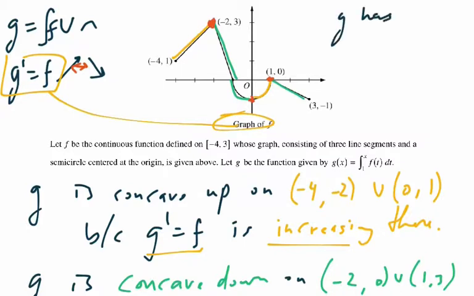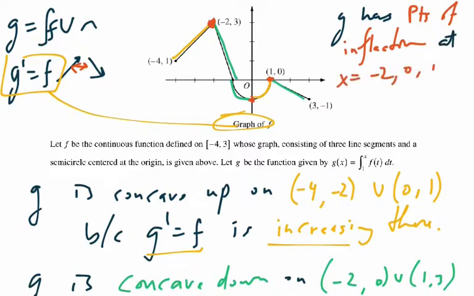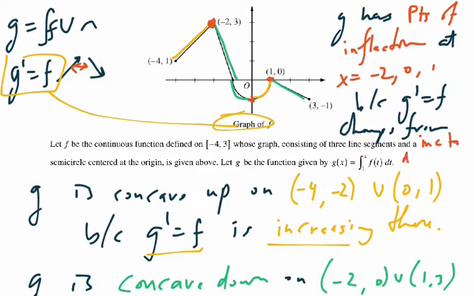G has points of inflection at x equals -2, 0, and 1, because g prime, which is f, changes from increasing to decreasing, or vice versa there. Sorry, that's very cramped, but that's not too bad.